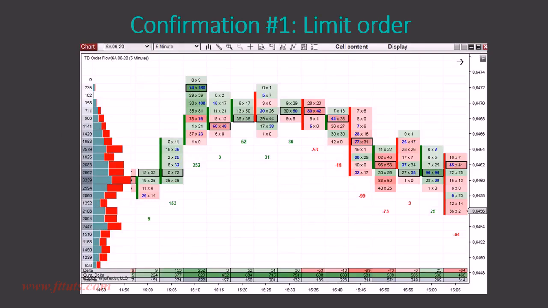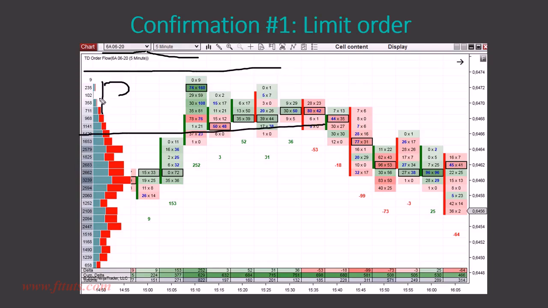into the last example. This is also Australian dollar futures 5-minute chart. Let's say that this is a resistance zone, and in this resistance zone you want to see the confirmation. You want to go short, so you want to see confirmation on the ask side of the footprint.